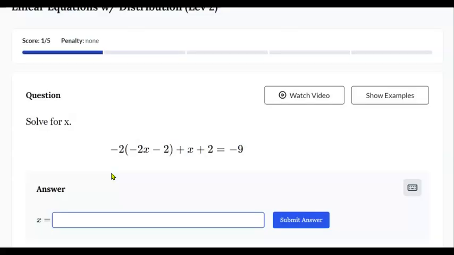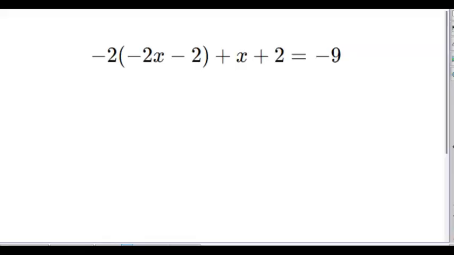Alright, because this equation is so long, I'm going to take a screenshot and put it on another page. For this question, after we distribute to our first term, and then to our second term, be careful here, a negative 2 times a minus 2 is a plus 4.